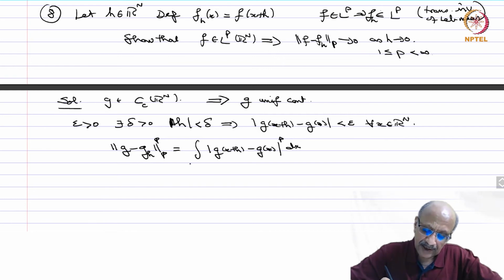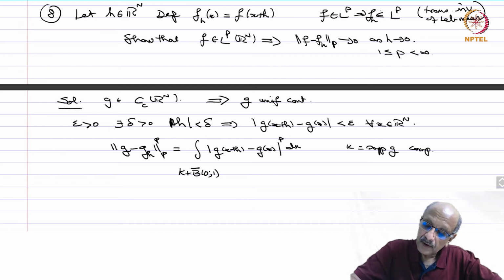I should integrate this over all of R^n, but g has compact support and the support of g_h is just translated by h, and |h| is less than delta, which can be assumed without loss of generality to be less than 1, and therefore the support of these functions will be contained in K plus the closed ball B(0,1). Okay, so K is the support of g, compact.